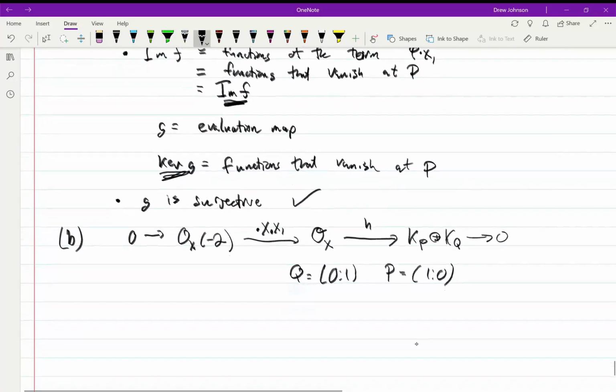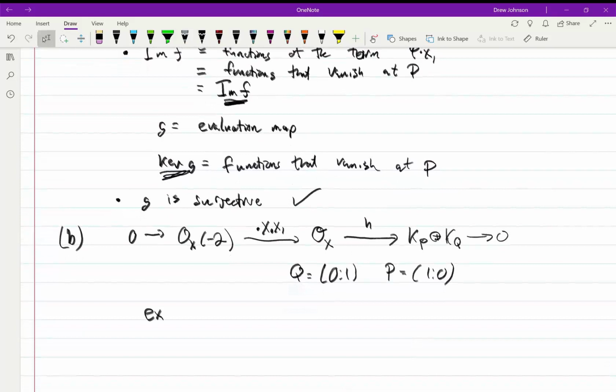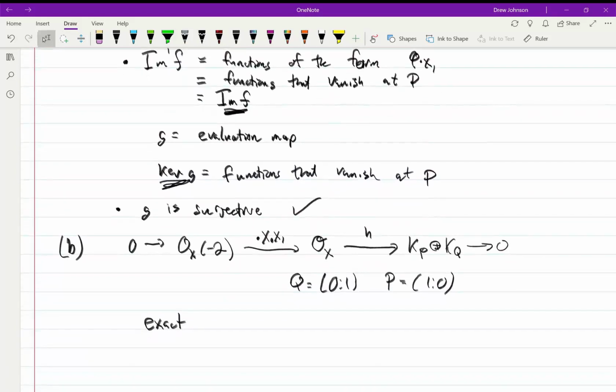Okay, this is exact. You can see it basically by the same reason as part A, and in fact, if you restrict to U_i, which is the set where x_i is not equal to 0, then it exactly turns into part A, right?